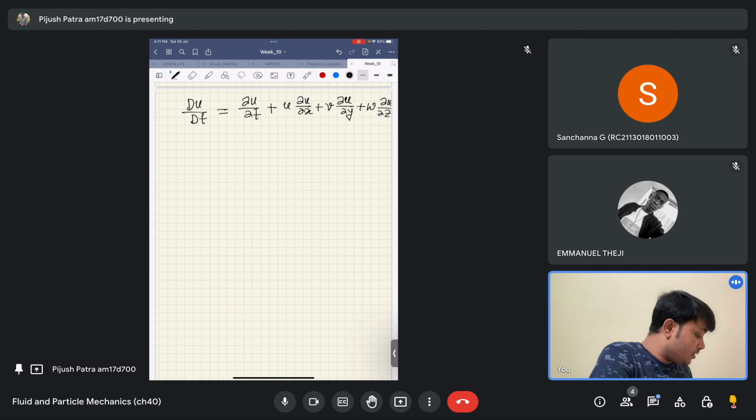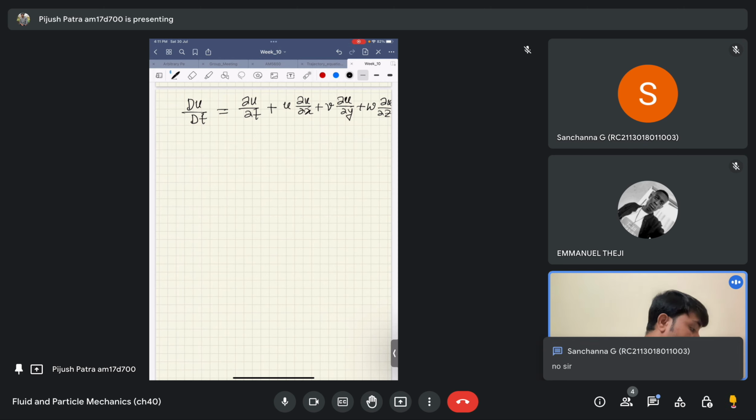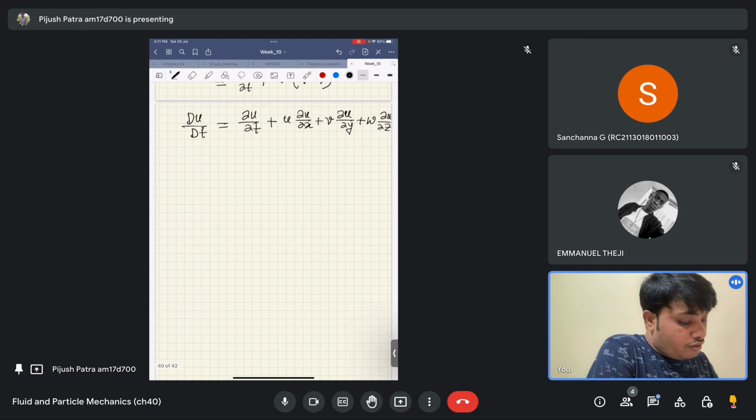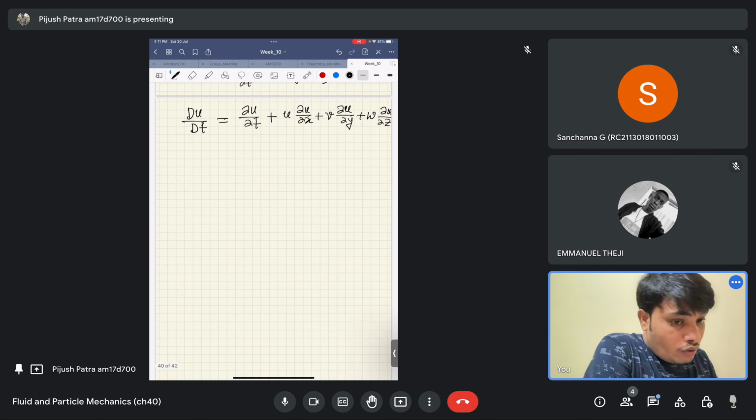Does anyone know tensors, like the Cartesian tensor algebra? Okay, then I will stick to vectors only, not tensors. Fine.